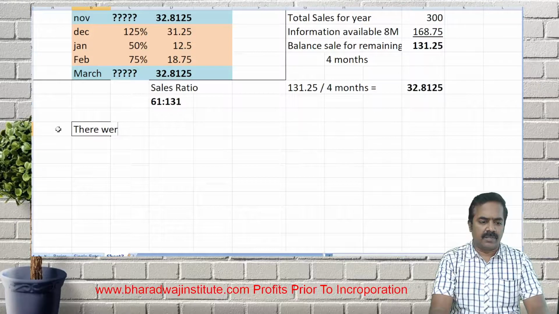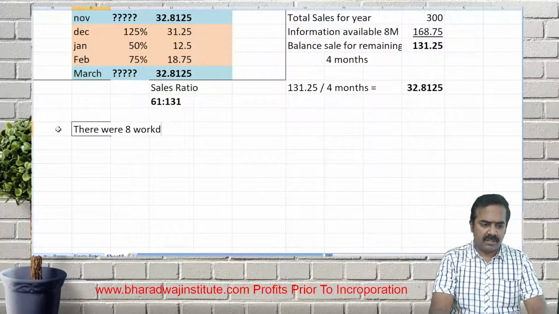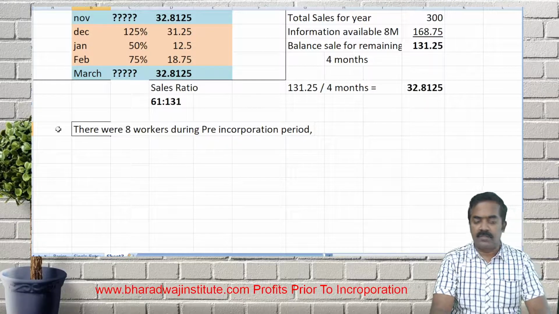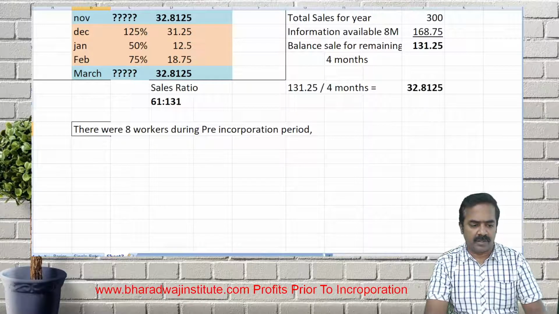There were 8 workers during pre-incorporation period. There were 8 workers during which period? Pre-incorporation period. Okay, 80 workers.